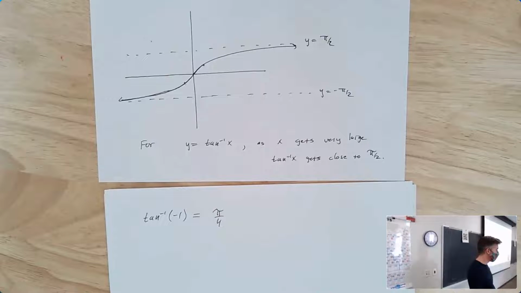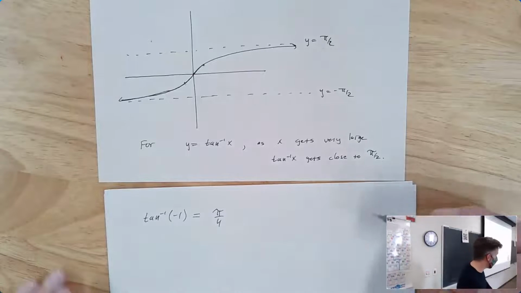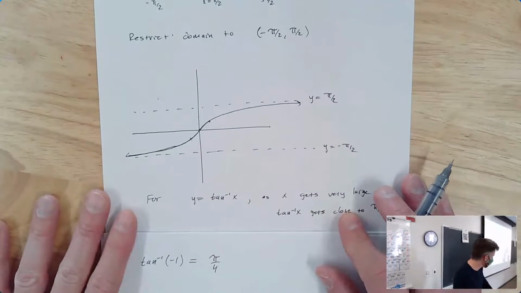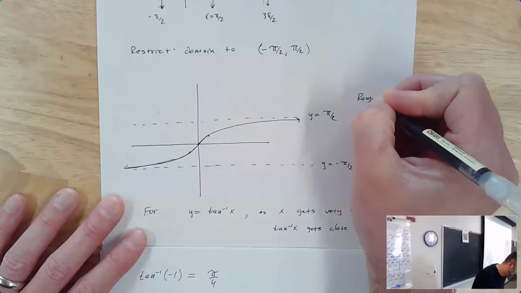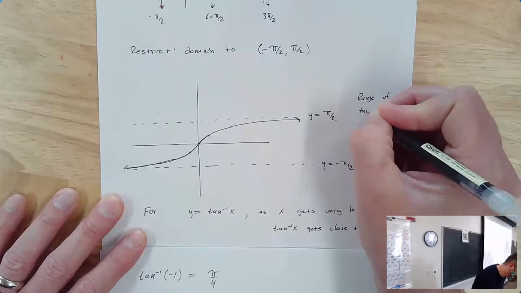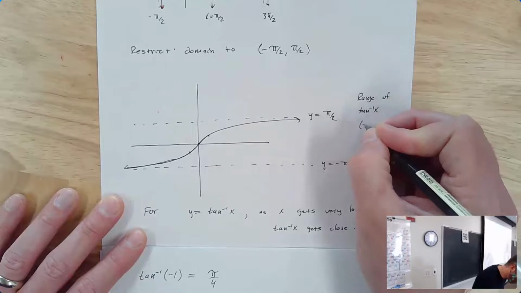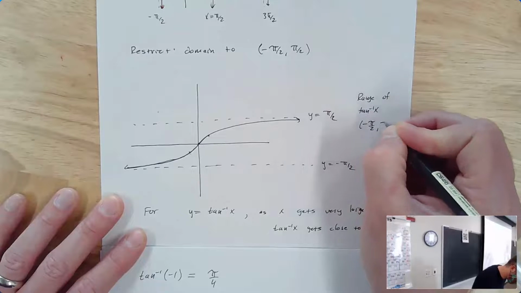You're not wrong, but we've already made the choice. We've already made the choice that the range of the inverse tangent function is from negative pi over 2 to positive pi over 2.